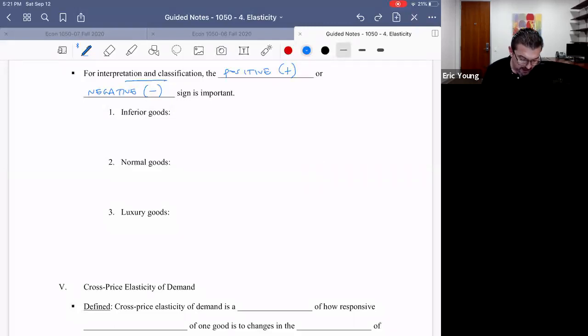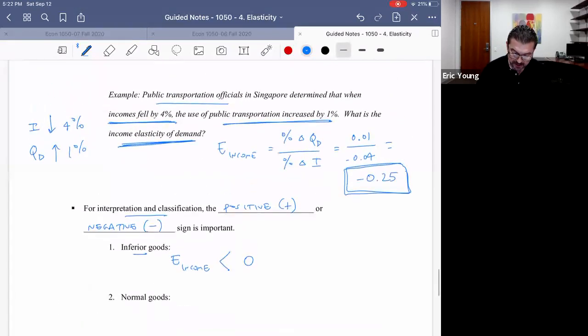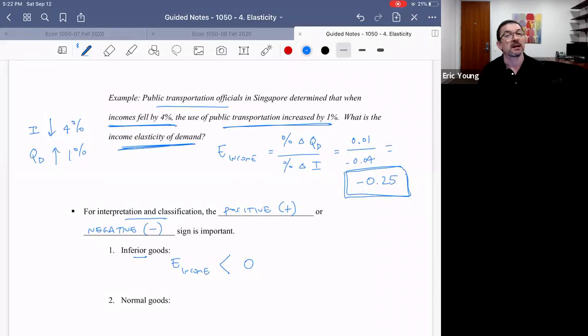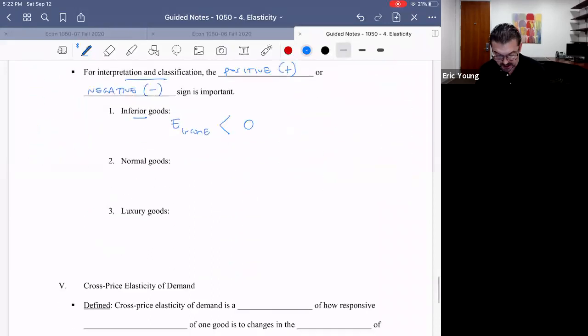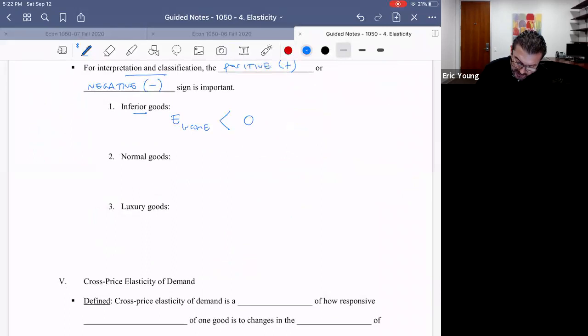So the basic idea here is for an inferior good, the coefficient of elasticity is less than 0. It's a negative number. And it means that income and consumption will go in opposite directions. This implies that as income goes down, the consumption of the item goes up.